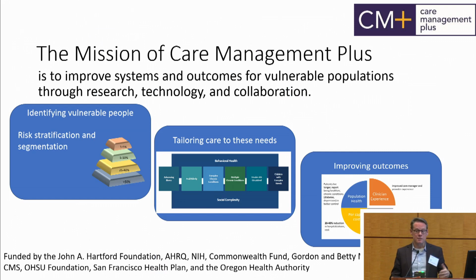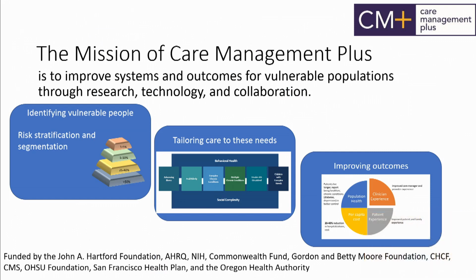My research team focuses on understanding how people who are vulnerable in particular ways, so usually people with complex conditions that aren't met well by our standard health care, can be identified, either through risk stratification or segmentation, and then how can we tailor care to these needs? So there's an excellent parallel.